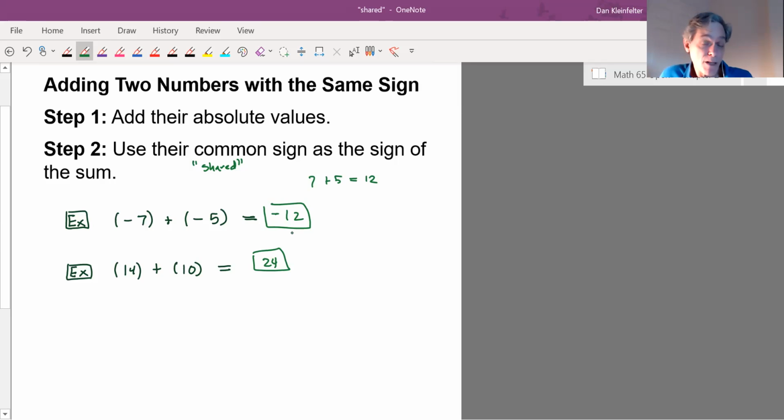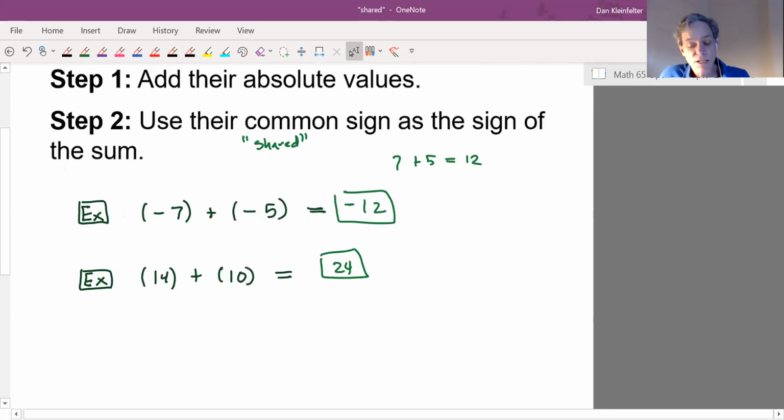So thinking perhaps in terms of money may help you. If somebody had written a check for $7 and also a check for $5, what would be the change in their account balance? Well, a check of $7 and a check of $5 put together, that is added, would decrease their account by $12.